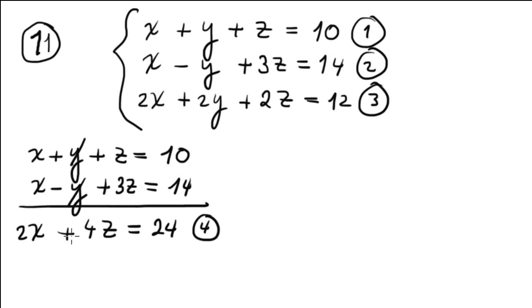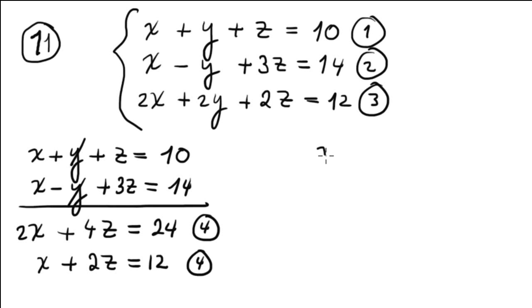If you want to simplify a little bit, you divide everything by 2. It says x plus 2z equal 12. This is a simpler way to write equation number 4. Likewise, same thing, I pair equation 2 and 3.